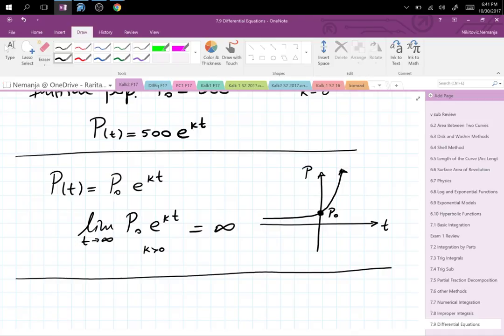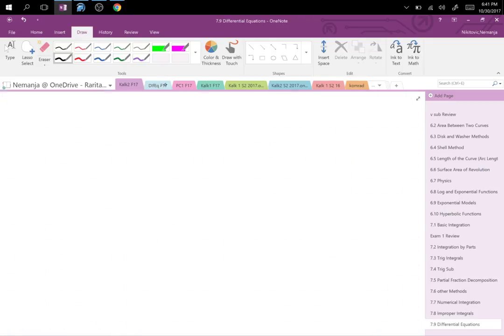We're talking about slope fields, but you are still confined to two dimensions. It's just that the nature of the solution could be a wave or could be a function. Where's my differential equations? There we go.